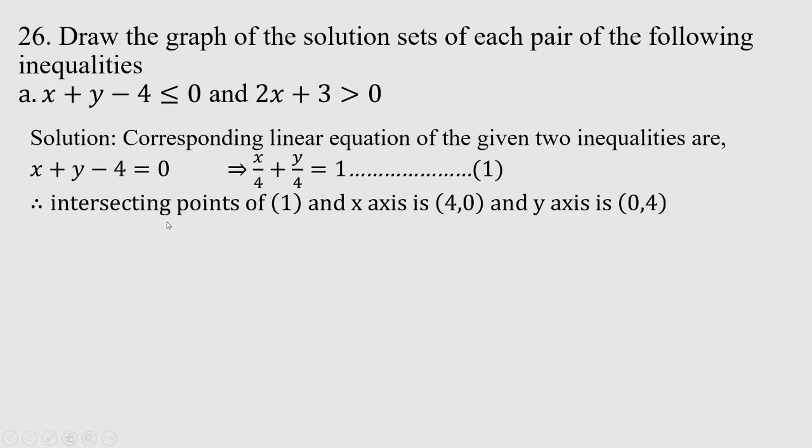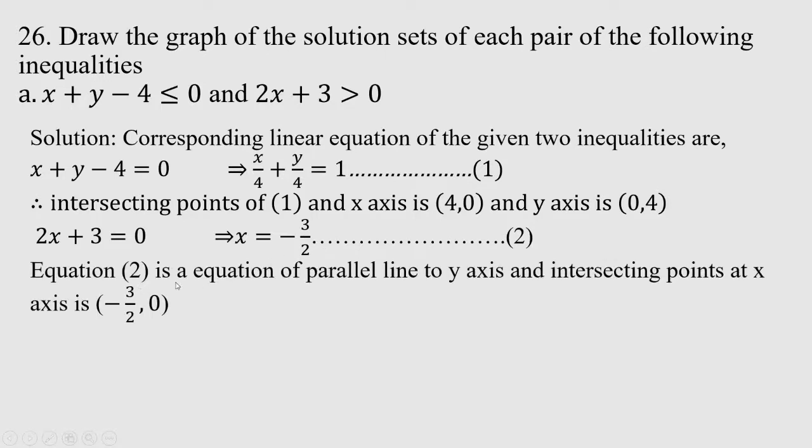Okay, and from inequality 2 we get this linear equation twice x plus 3 equal to 0, and solving this we get x equal to minus 3 by 2. Any equation x equal to something represents a straight line which is parallel to the y-axis. So this line is parallel to the y-axis and the intersecting point at the x-axis is minus 3 by 2, 0.